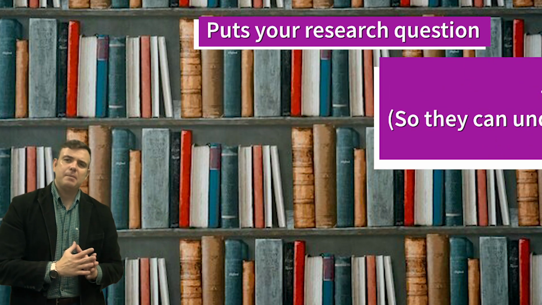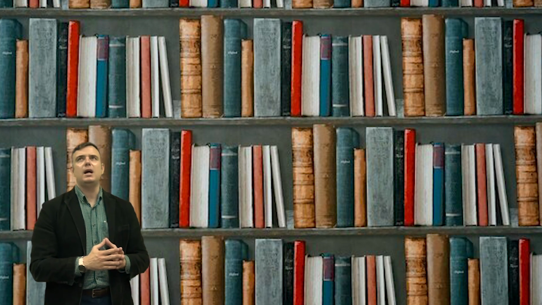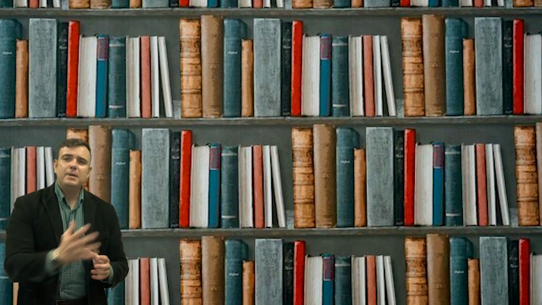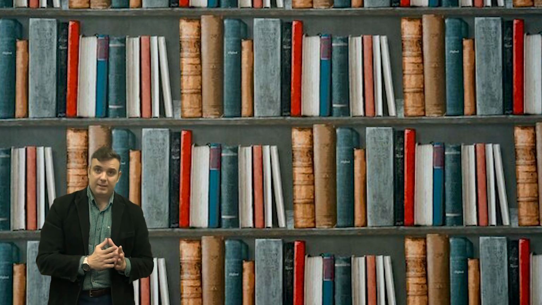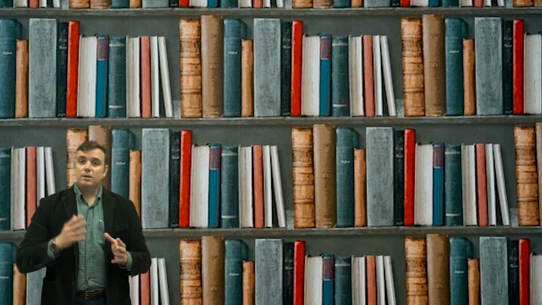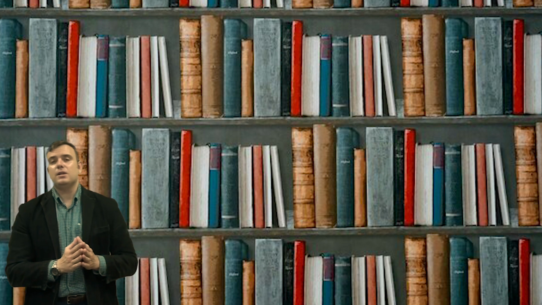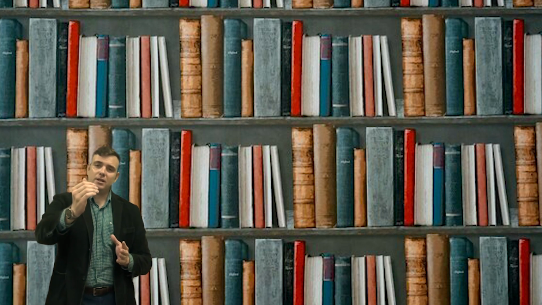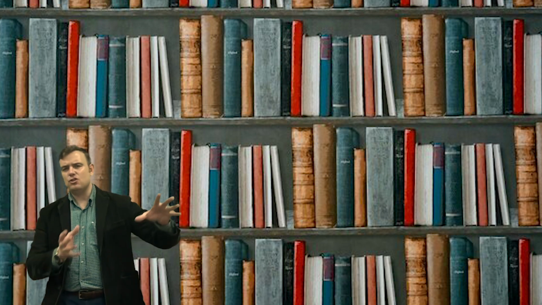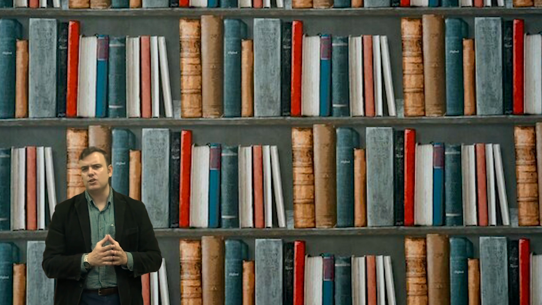Let's make an example here. Maybe you're talking about social media and cyberbullying. That's your research question that you chose, and you are now going to provide background information, discussion and description relating to that in your literature review.